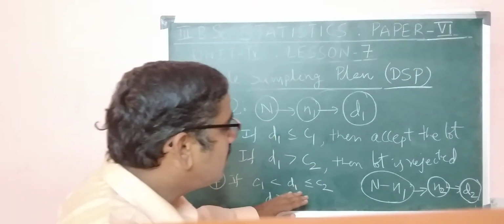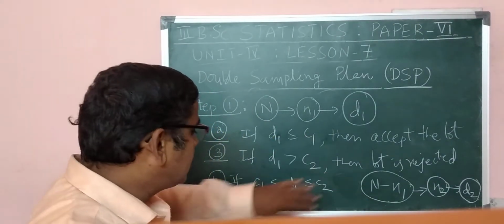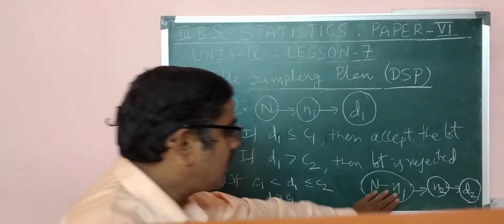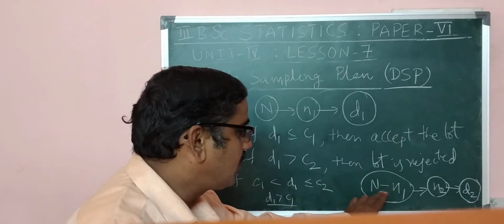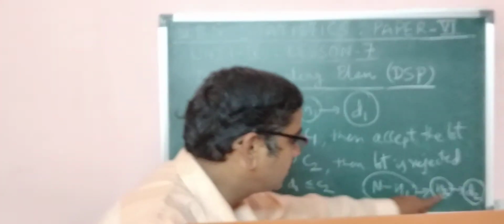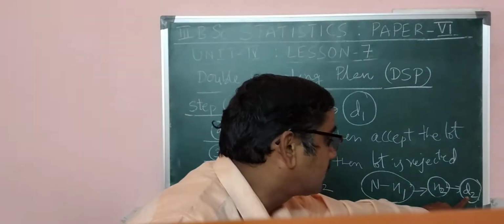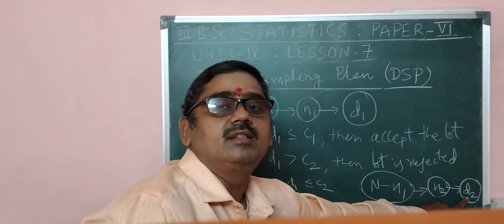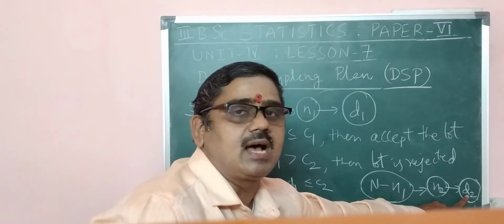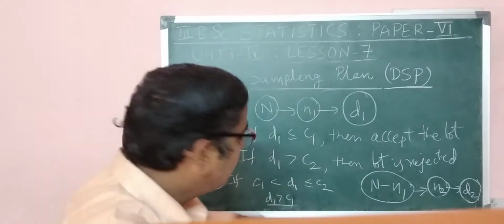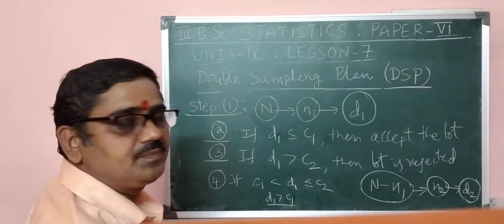You select the second sample from the remaining items of the lot, and you have to observe the number of defectives in the second sample, that is D2. That is the fourth step.